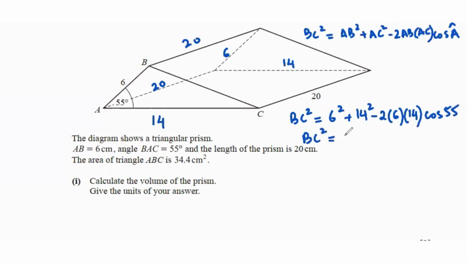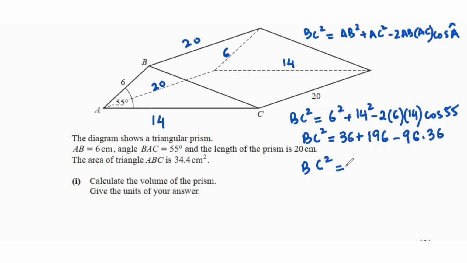That's going to give us 36 plus 196 minus 2 times 6 times 14 times cos of 55. We multiply all of them together, so that's 96.36.